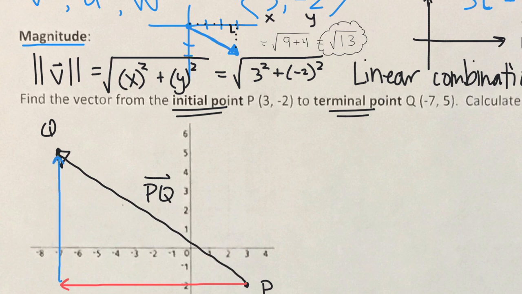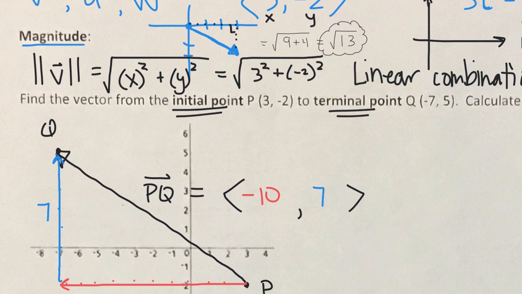And now it's simply a matter of counting. From -3, we go 1, 2, 3, 4, 5, 6, 7, 8, 9, 10. 10 to the left, so a -10. Whenever you go left, that's a negative direction for coordinates. And then counting up, we go 1, 2, 3, 4, 5, 6, 7. So that's a +7. So in other words, our vector, if you want to use chevrons, is <-10, 7>.